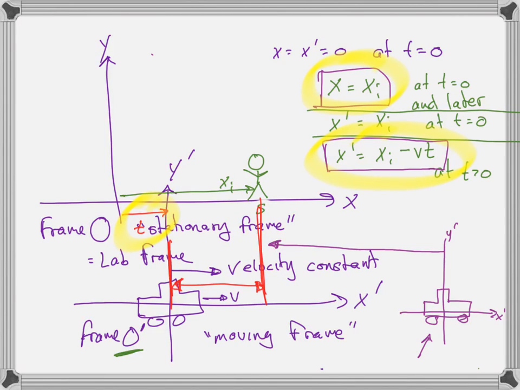The point here is that these are inertial frames of reference. So the moving frame is going to be moving relative to the stationary frame, but it's going to be moving in a straight line at a constant speed. So the fact that it's moving in a straight line at a constant speed means that we lose no generality by saying that straight line is the x-axis.